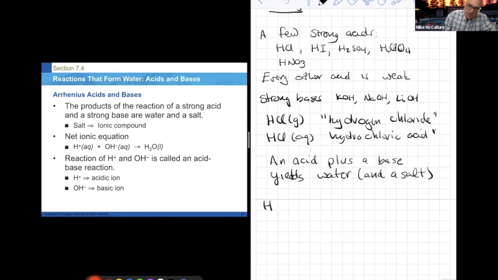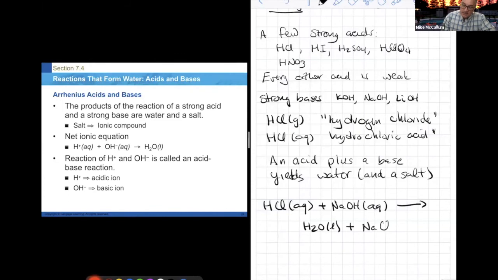Let's do the most common acid-base reaction that people know of, HCl plus NaOH, the most common acid and the most common base. Well, the H and the OH go together and they form the water, right? So the formation of liquid water is a signature of an acid-base reaction. And then the other two ions get together, at least in a molecular sense, right?